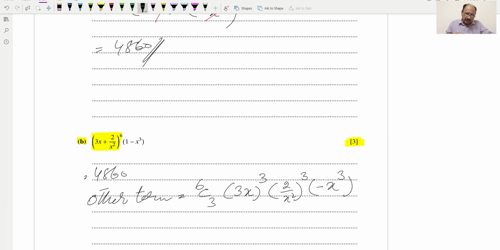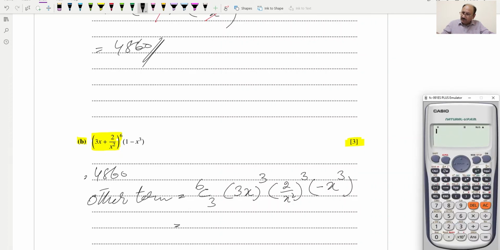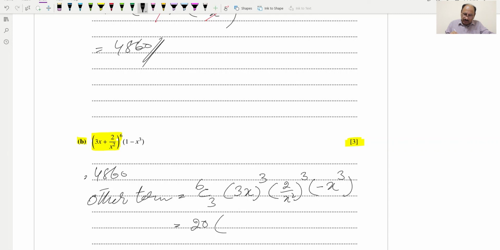This other term will be multiplying with this, and we will get again a constant value. So 6C3 will be equal to 20, and 3 cubed will be 27, x raised to the power 3, and this will be 8 over x raised to the power 6, and this will be minus x raised to the power 3.